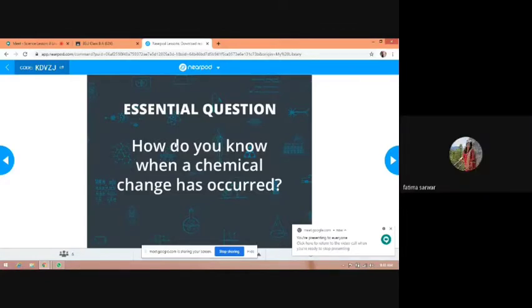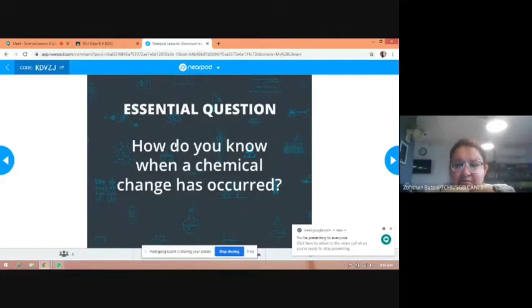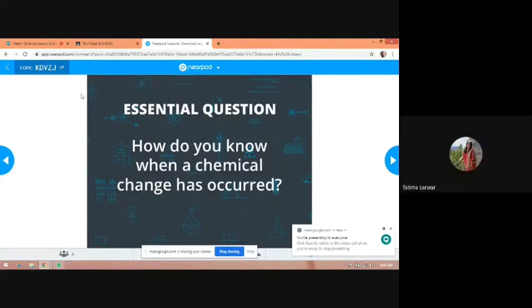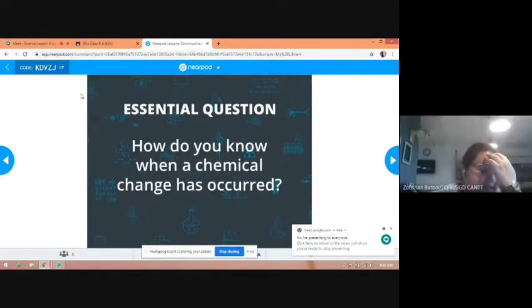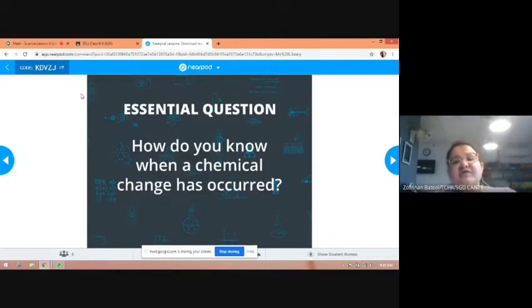Precipitate. The formation of a precipitate, the evolution of gas, or a color change. Yes, exactly. So if you observe a color change, or if you observe some cloudy precipitates forming, precipitate is what we call cloudy material.